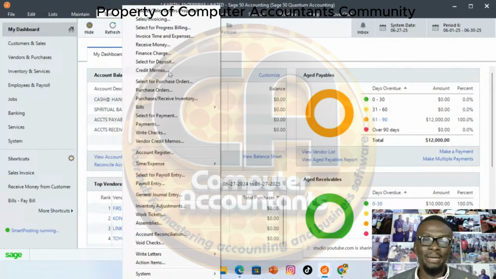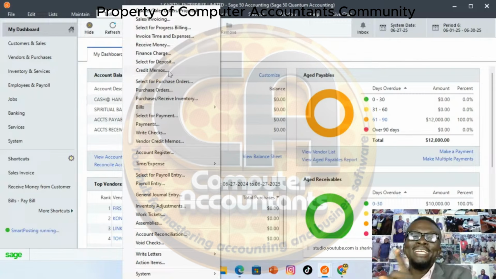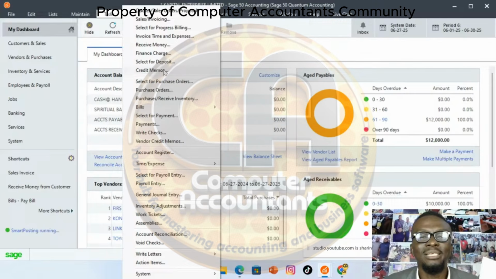So capital enterprise is crediting themselves for giving back the unwanted products to this manufacturer. The accounting equation is that when I have been owing him, which is a credit balance, now that I'm crediting myself, it will reduce the amount I'm to pay him. So I will go to credit memo, click on credit memo.